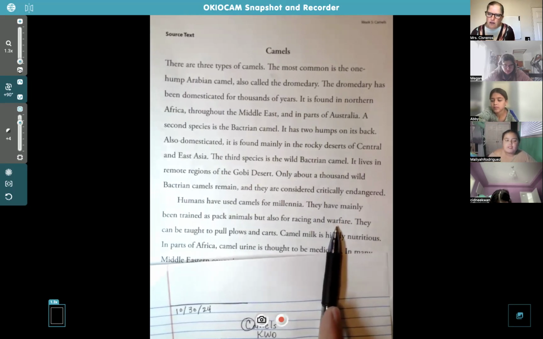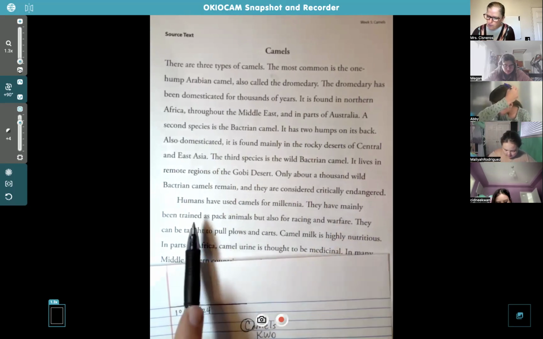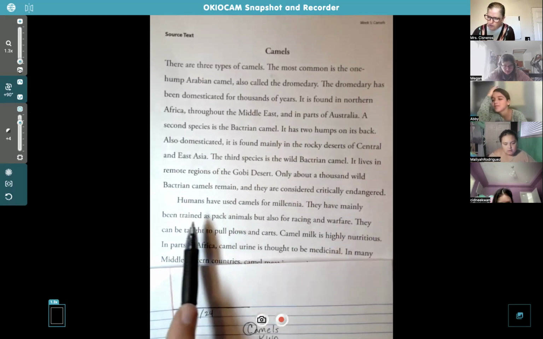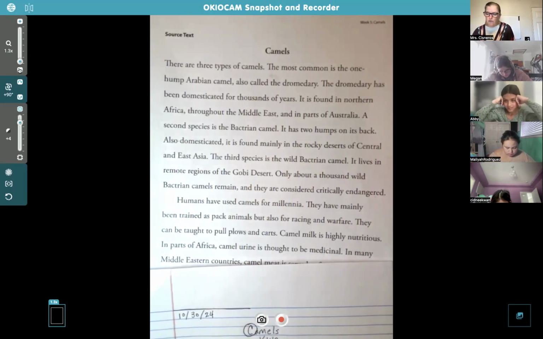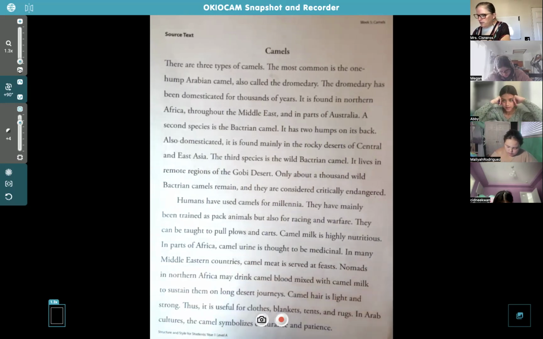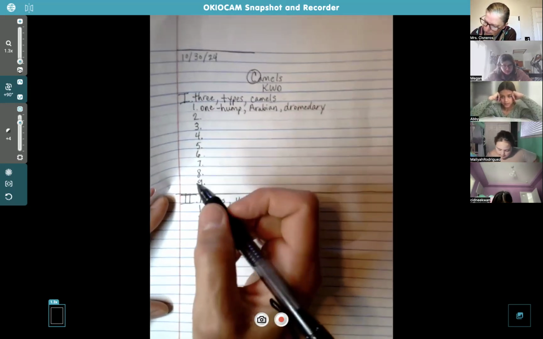So this is where you guys are going to have to pick which part you want to put in your report. Do you want to put trained pack animals or trained racing warfare? It's up to you. So you decide what 3 words you want to put in your outline. It's okay if it's different. What do you think you're going to pick, Malia? Which one do you want to put?